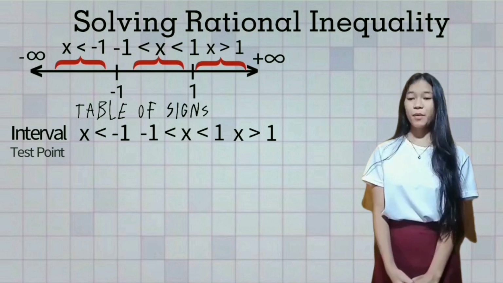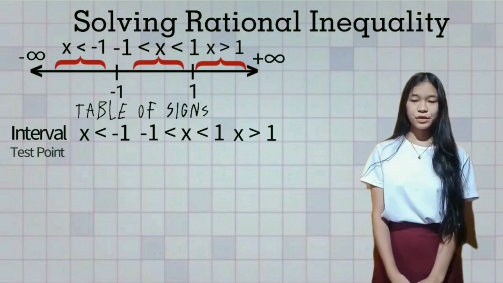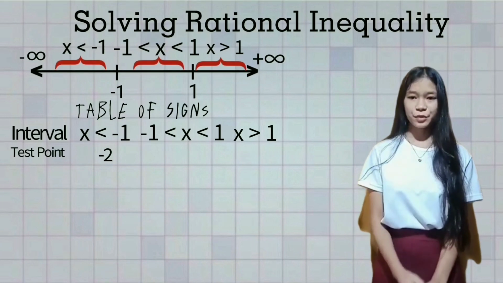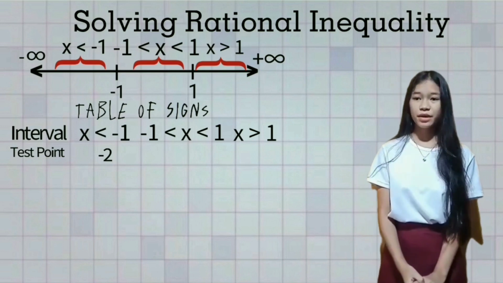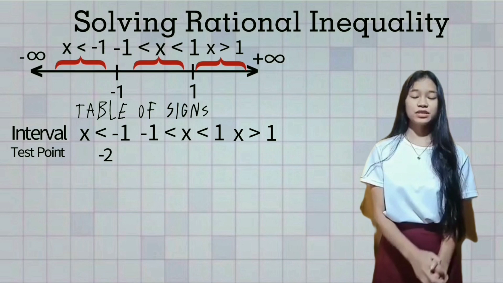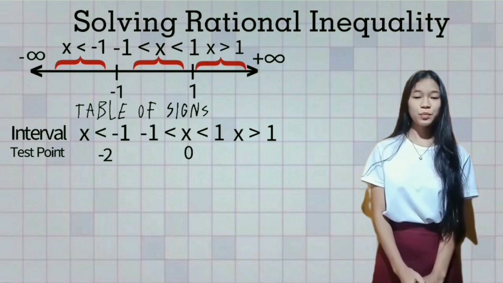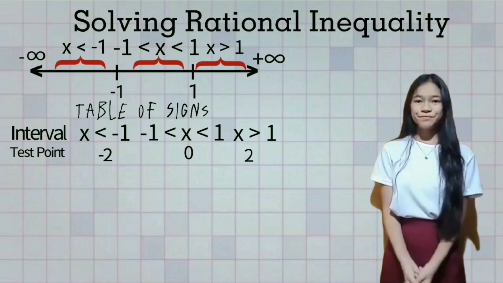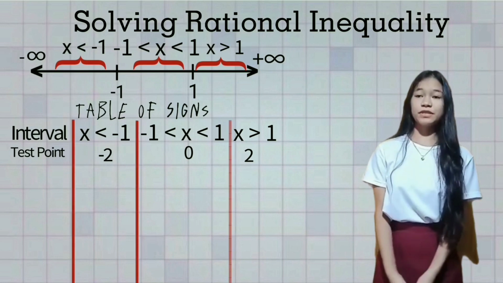Our test point must be within each of the 3 intervals. For x less than negative 1, we can put negative 2. For x between negative 1 and 1, this is 0. And for x greater than 1, we can put 2. So these are what we're going to use in our table of signs.